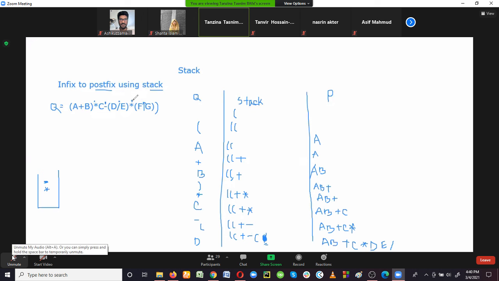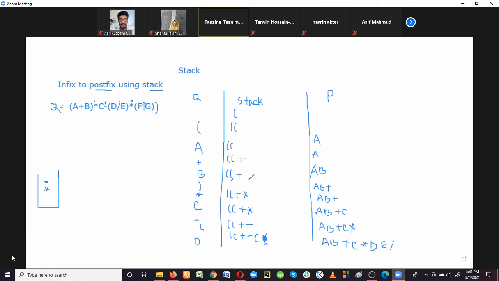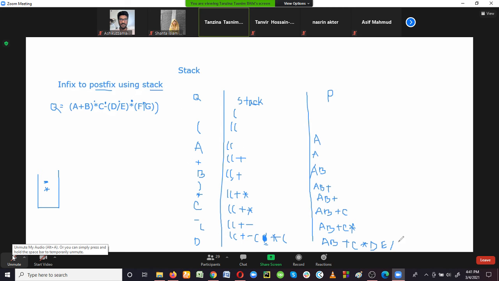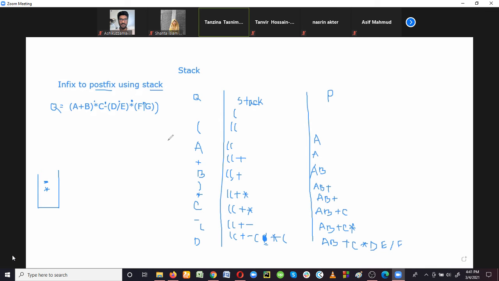Now we can see a multiplication operator. So that multiplication operator can be added here. After that, another left parenthesis, we can add the left parenthesis here, and an operator will be added after the division operator, then another operator. So that operator is going to be placed at the top of the stack. Then the next element is an operand.